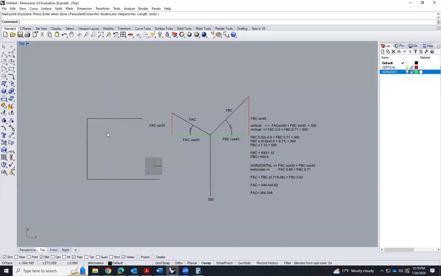I'm going to select this one, rotate, and I want to rotate this 45 up.